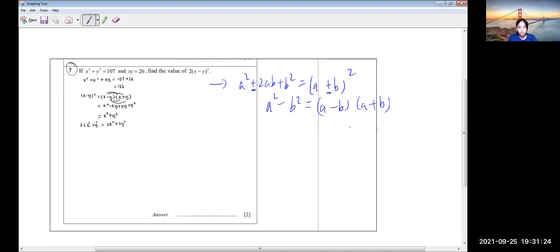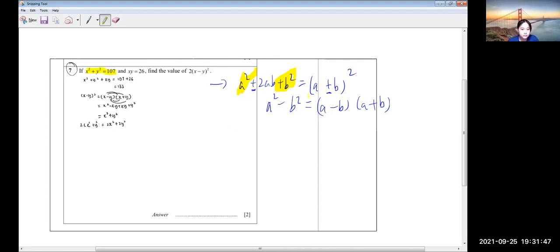With this, I think this is pretty simple already. Am I not right? Can you see this? a square plus b square. Can you see here? x square plus y square.